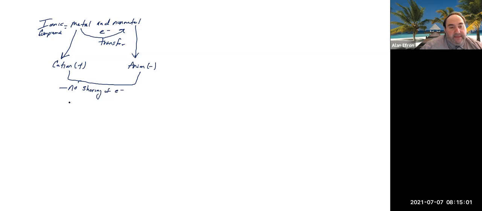We have that electrostatic attraction, which is essentially opposites attract, right? So our positive, negative attraction to one another. Now, that is definitely different, as we talked about in bonding, and different in terms of naming as well, how we go about naming ionic compounds versus how we name molecular compounds.